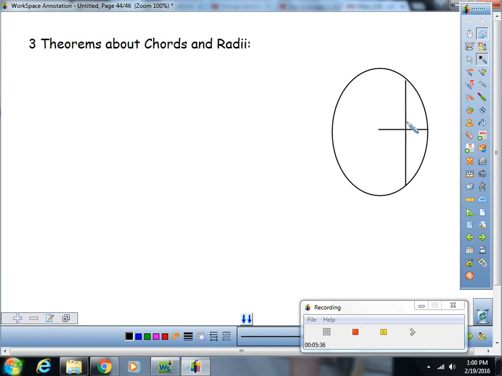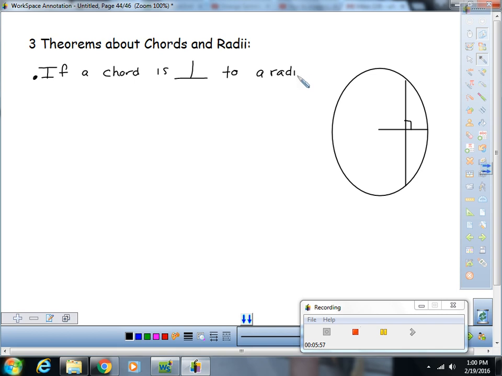So here we've got a chord. The first theorem is: if a chord is perpendicular to a radius, then the radius, any guess? Bisects the chord.